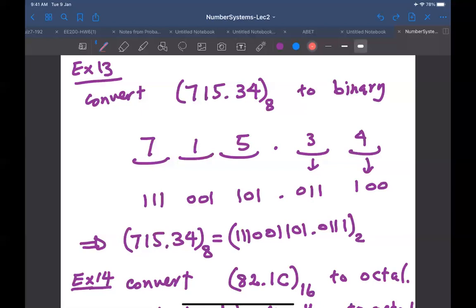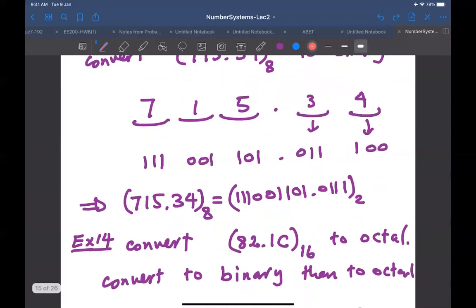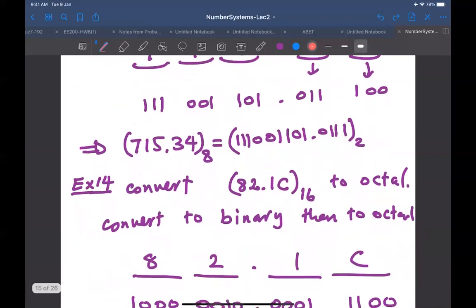However, you can do it another way, which is a very inefficient way. You can convert the hexadecimal to decimal and then convert the decimal to octal. But this is not necessary here. The conversion to binary is much easier.